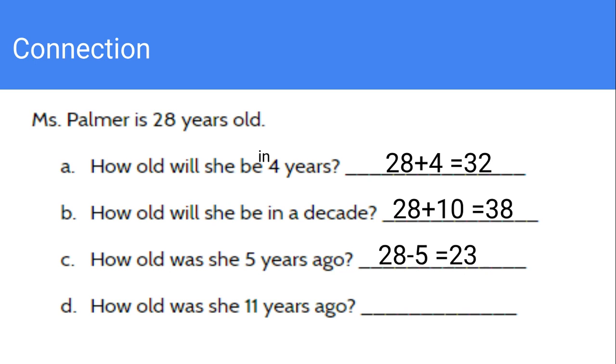So we must subtract 28 minus 5. 5 years ago, she was 23 years old. How old was she 11 years ago? Again, we're subtracting because that's the past. 28 minus 11 equals 17. So these are expressions, but we can get an answer to solve. So these are equations.